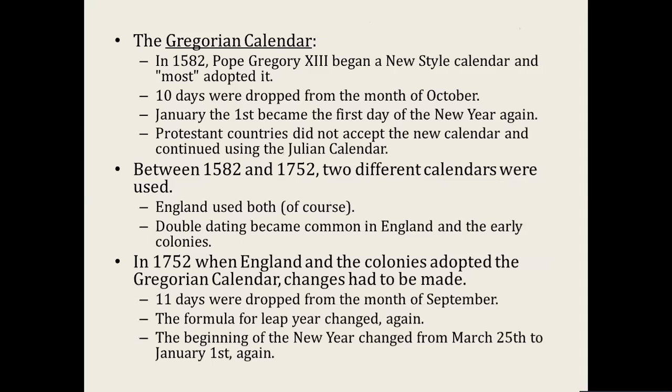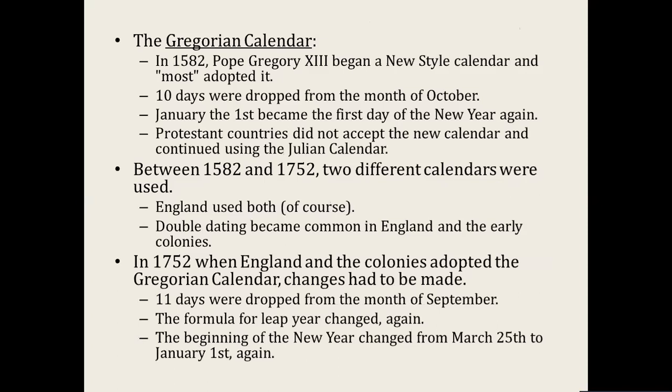And then you have the Gregorian calendar. In 1582, Pope Gregory XIII began a new style calendar, and most individuals adopted it. Now, the Pope would have been in Rome. Italy actually was not a country at that time, it was just Rome. So in other words, not everyone knew about this. 10 days were dropped from the month of October.